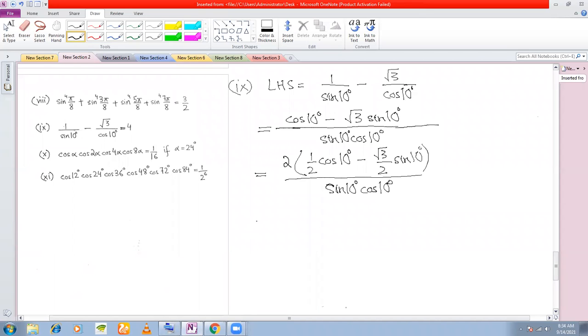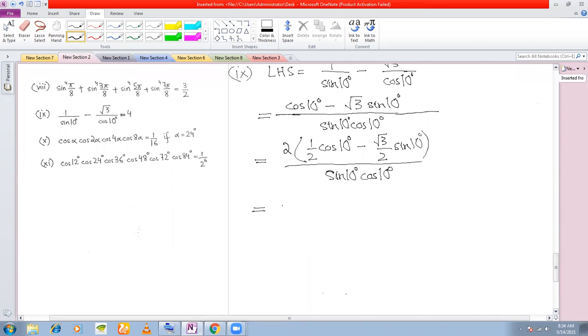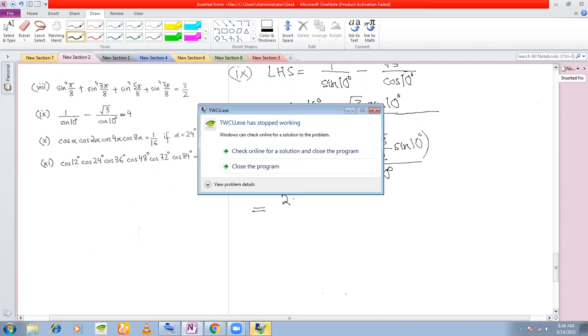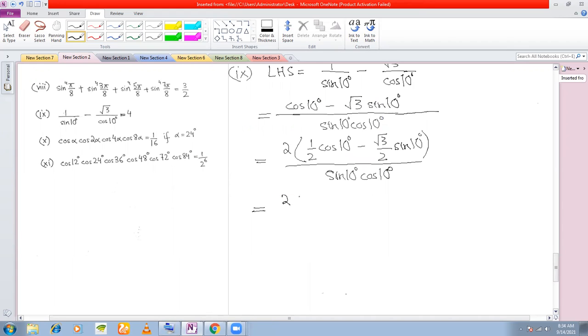We can adjust this a little later. Now first let us take care of the numerator. In the numerator now, half can be written as sine 30. Cos 10 degree we write as it is, minus root 3 by 2 can be written as cos 30 degree. Sine 10 degree we write as it is. And the denominator you have sine 10 degree cos 10 degree.